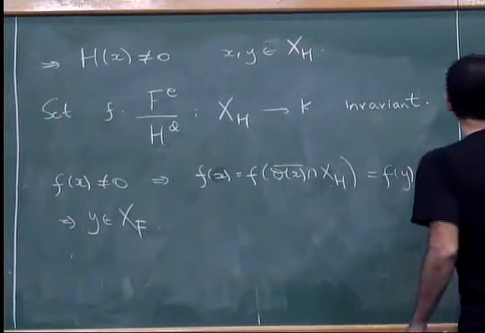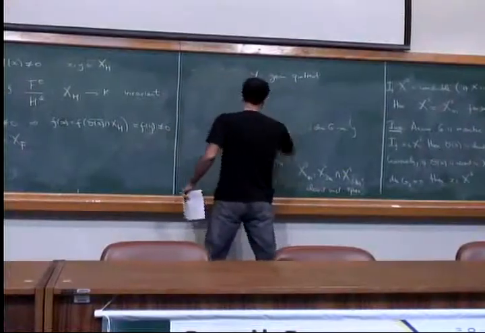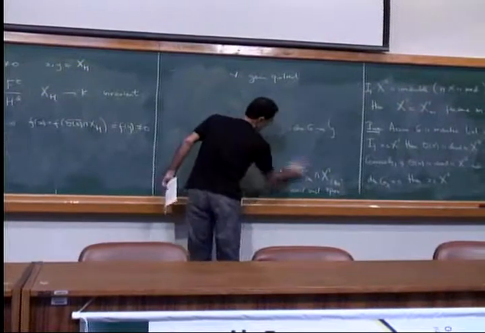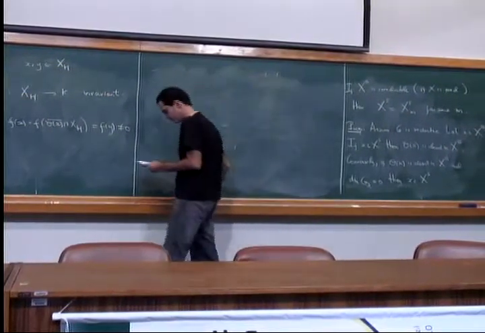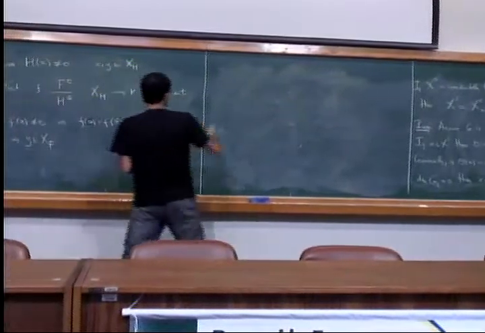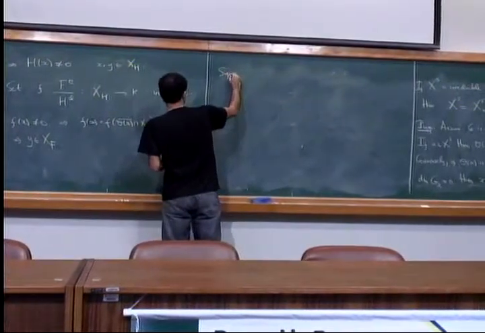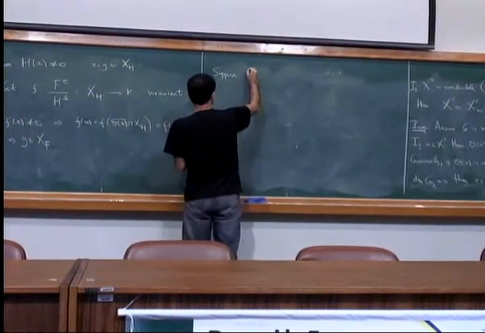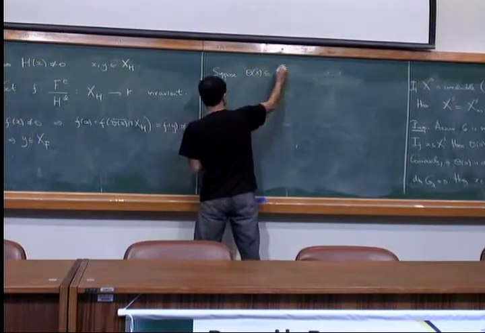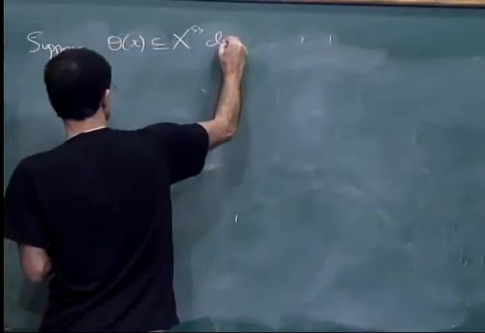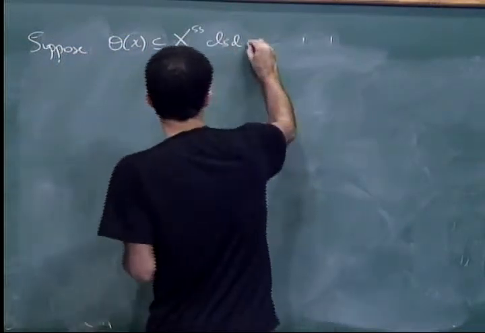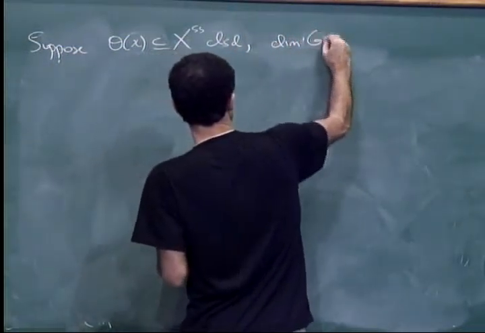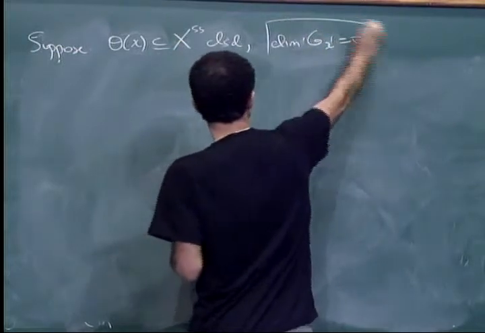Now let's look at the converse statement. So suppose that this orbit is closed inside here. Suppose that the dimension of the stabilizer is 0. So this condition here.